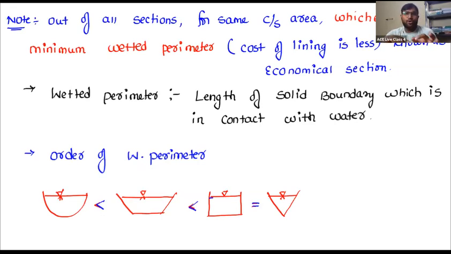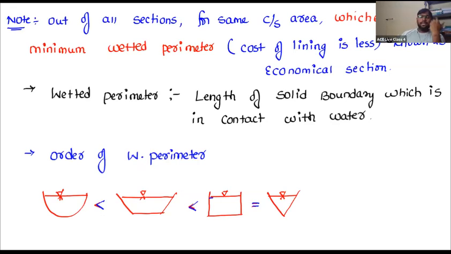Because though the semicircular section is economical on paper, it is very difficult in design. Do you think the canals we are going to construct are going to be 1 kilometer? No. The canals run over a longer stretch, kilometers and kilometers of range.